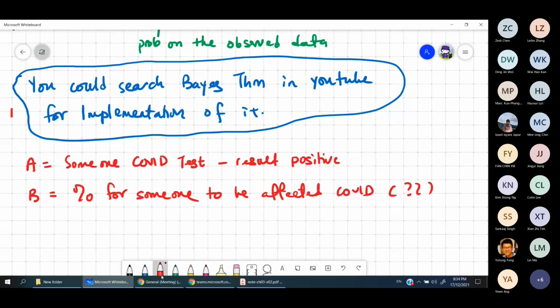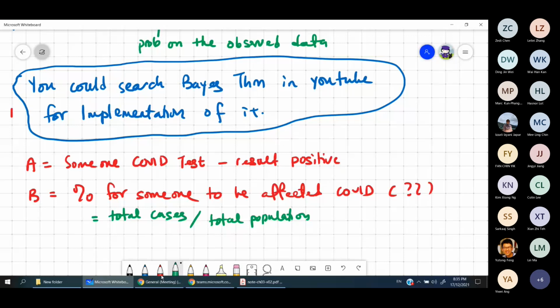We can base it on the total cases divided by the total population. Then we can get a rough idea of the percentage for someone to be affected by COVID. So at least we have some idea for it.